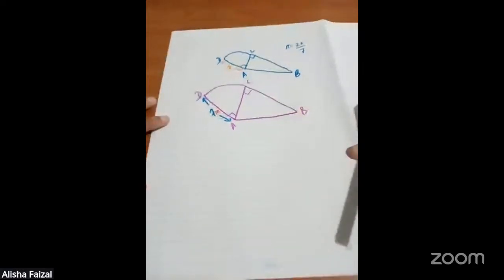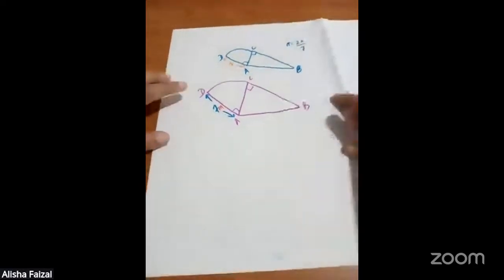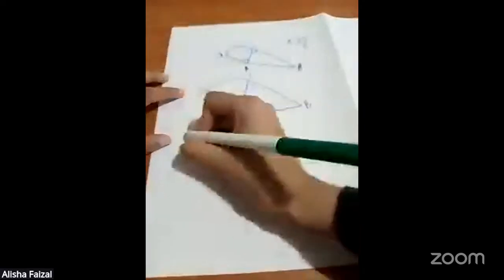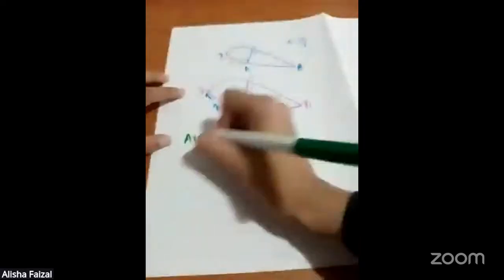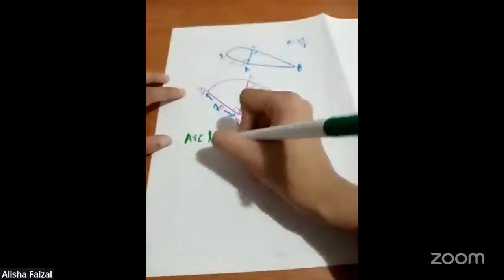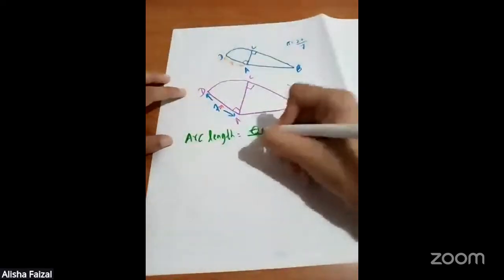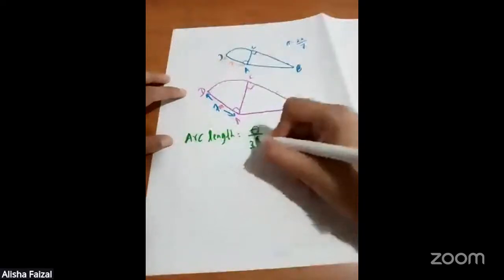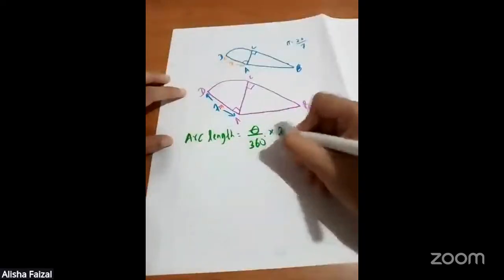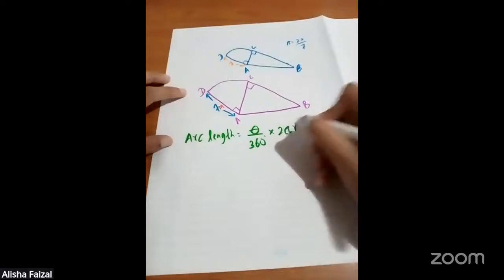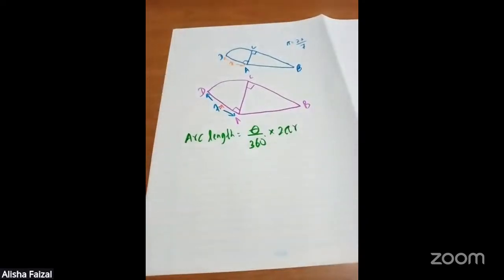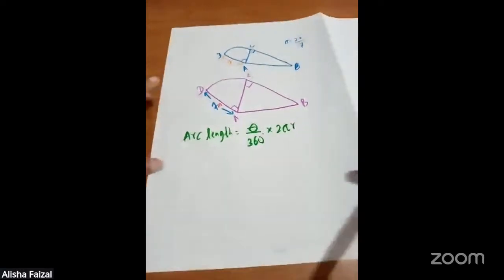To find the arc length, arc length is equal to theta over 360 times 2 pi r. This is how we find it. So tell me, what is theta?